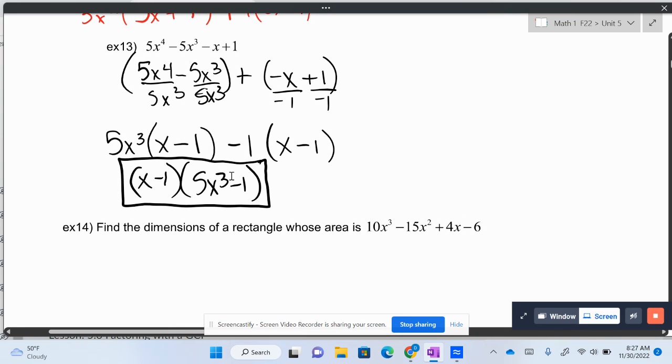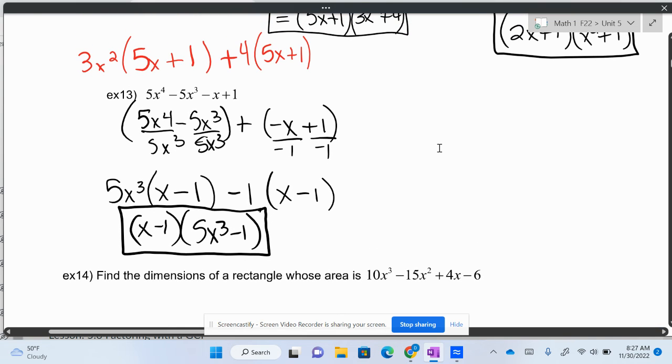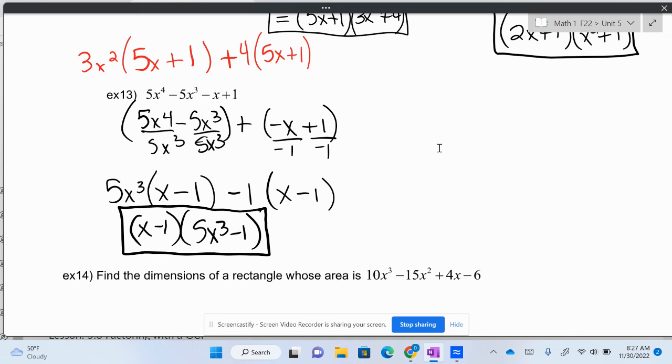I ended up with x minus 1 times the quantity 5x cubed minus 1. So I took a 5x cubed out of the first term, 5x to the fourth minus 5x cubed, and that left me with x minus 1. For the second one, I had a negative x, and I knew I needed a positive x, so I took out a negative 1.